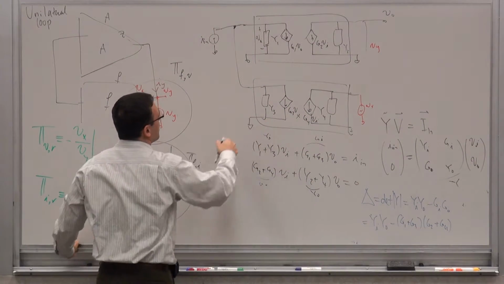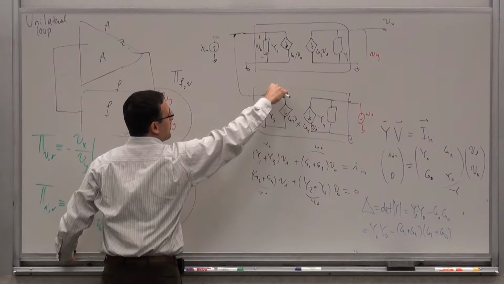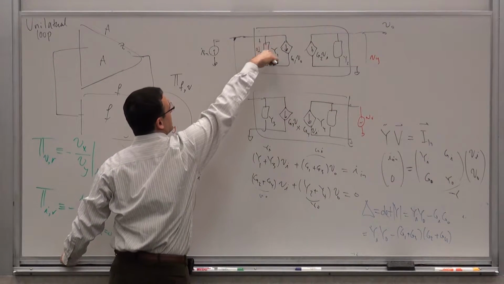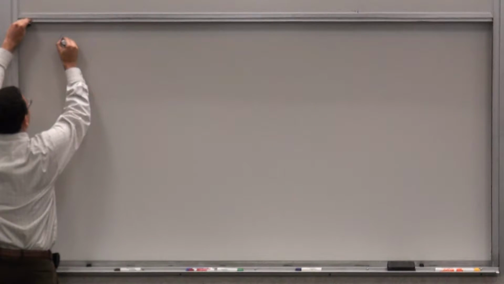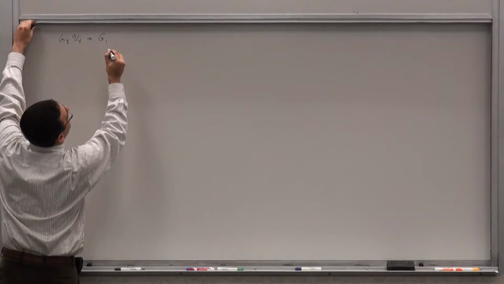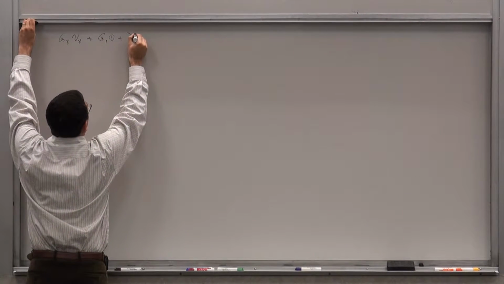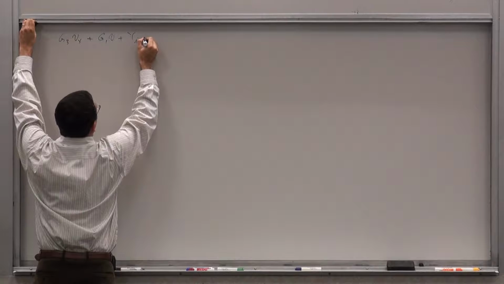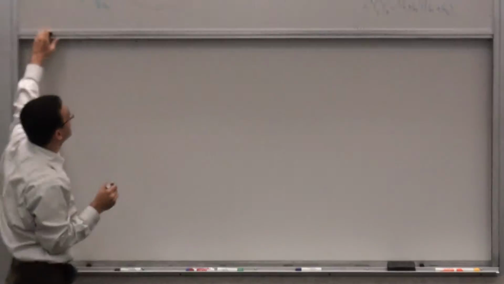And therefore, you know that the currents at the input are, and this is in the absence of an input perturbation, so you know this current plus this current plus this current plus that current is 0. So meaning that G3 Vx plus G1 VO plus Yi Vi is 0. That's one equation.